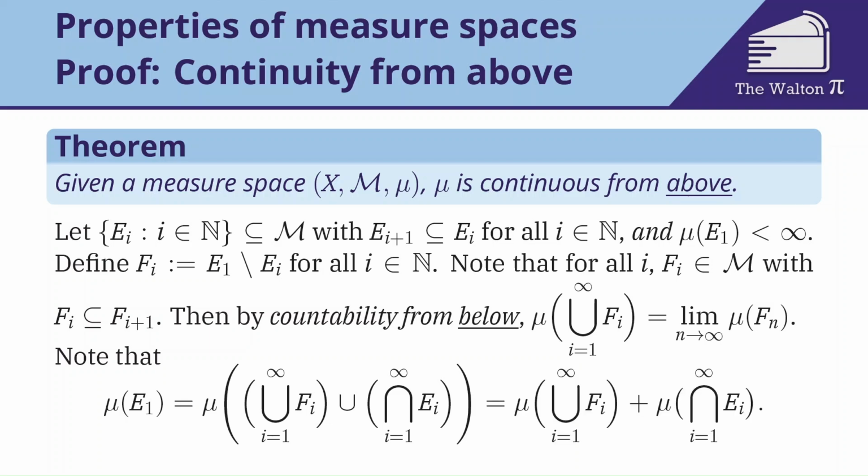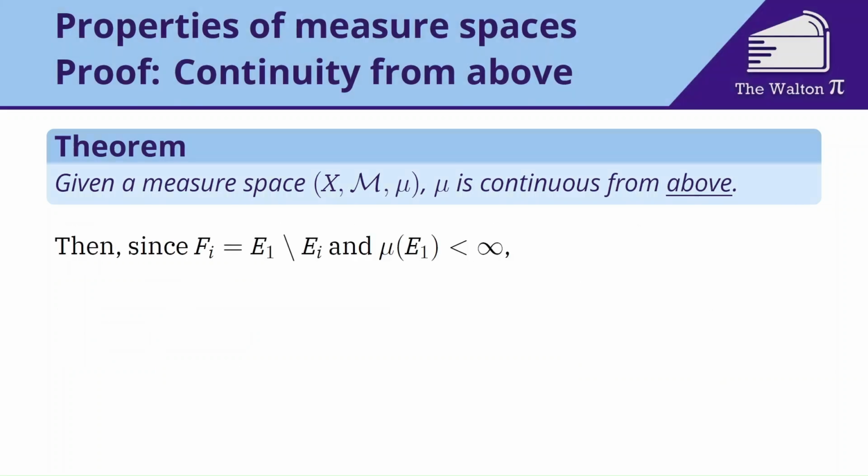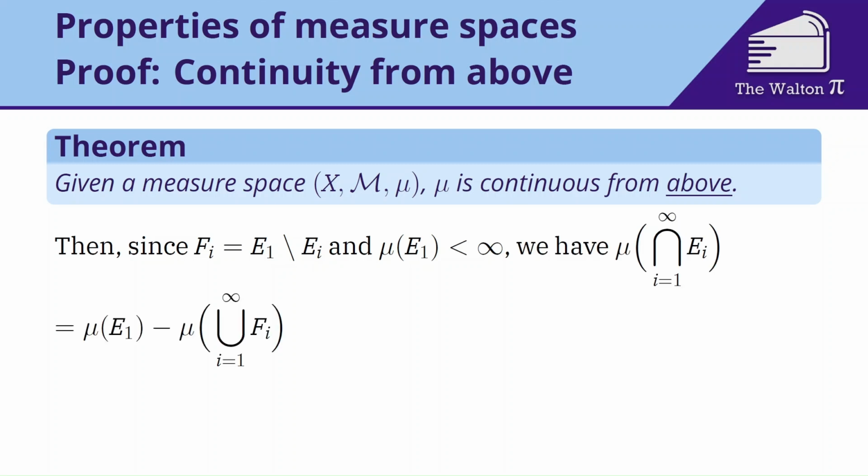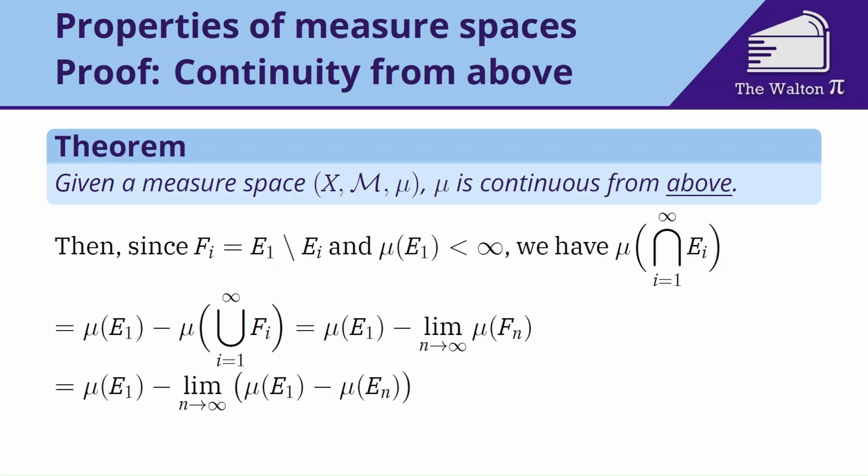And we are able to break that up into, because these are pairwise disjoint, mu of the union of the F_i's plus mu of the intersection of the E_i's. Since F_i is E_1 minus E_i, and mu of E_1 is less than infinity, we have mu of the intersection of all the E_i's is mu of E_1 minus mu of the union of the F_i's, which is mu of E_1 minus the limit, as n goes to infinity, of the mu of F_n's, which we can rewrite a little bit so that we have some nice things cancel.